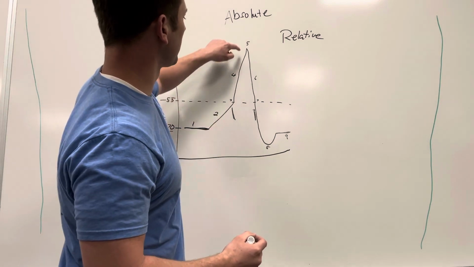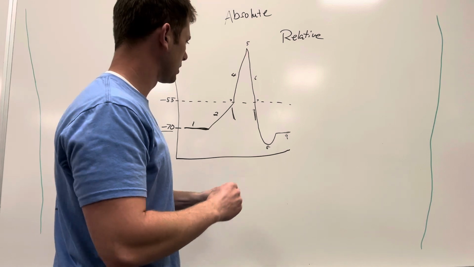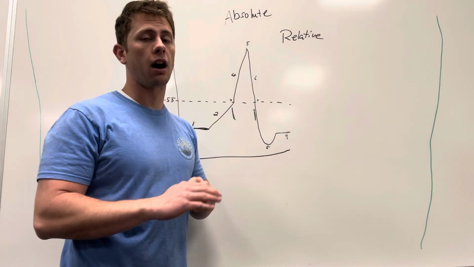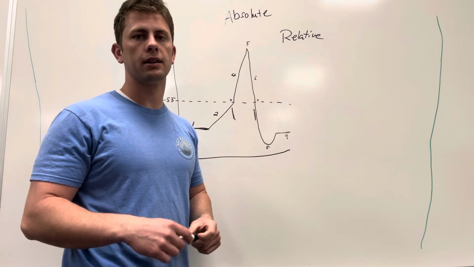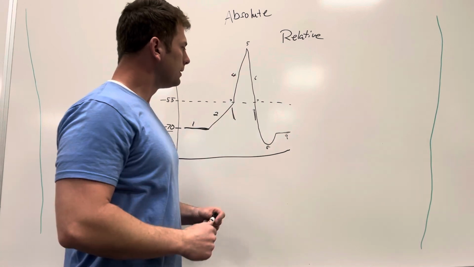And so this peak, this up and down, depolarization and repolarization, is the absolute refractory period, which means you cannot, no matter how strong the stimulus, have another action potential in that period of time.